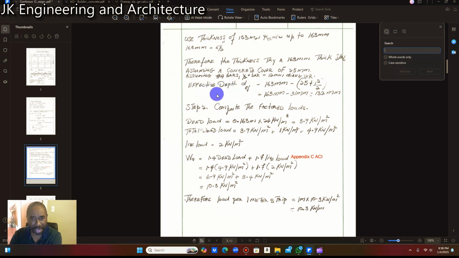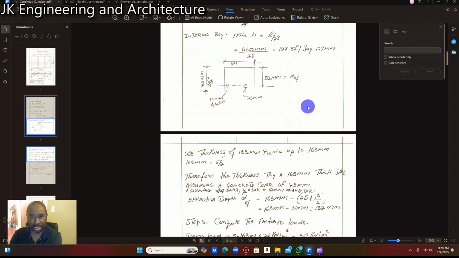So our effective depth is going to be equal to 163 millimeter minus 25 millimeter plus 12 over 2. 25 plus 6 is 31, so 163 millimeter minus 31 millimeter works out to be 132 millimeter. So the effective depth of this 1 meter strip of concrete floor slab is going to be 132 millimeter.